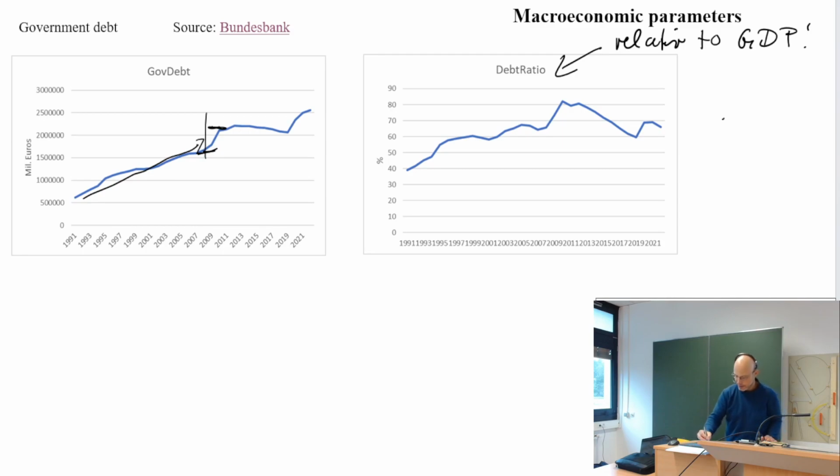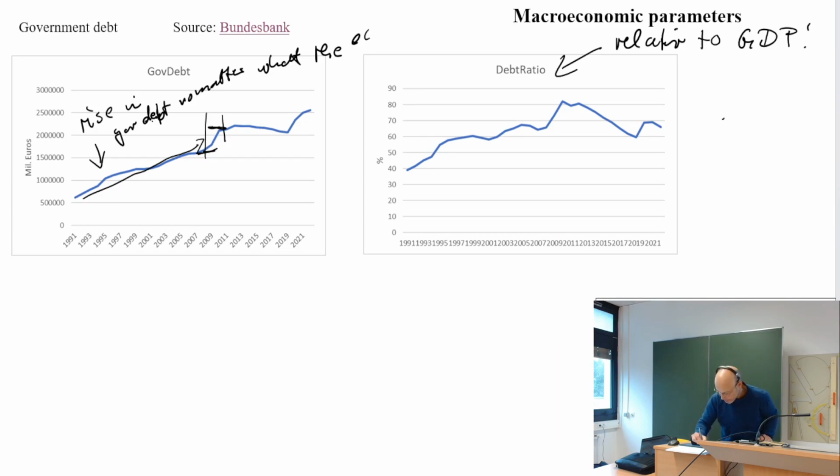And then we have here a rise in government debt, no matter what the economic situation was. And if you remember my macro course, there I called this the problem of asymmetric debt policy.